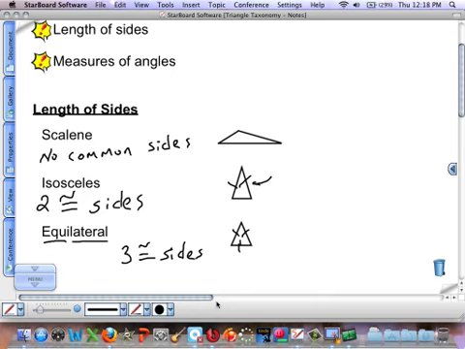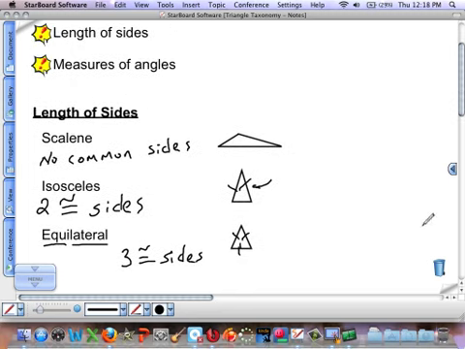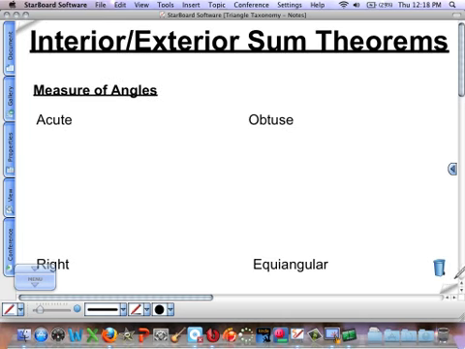Alright, so again, this is just some really basic terminology that we're going over. Next I want us to look at this in terms of the angles. What makes a triangle an acute triangle? What does it mean to be an acute angle?